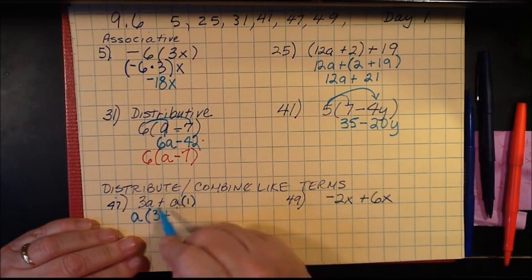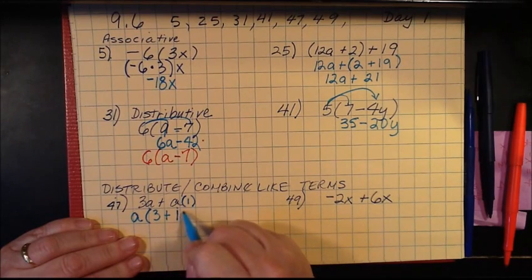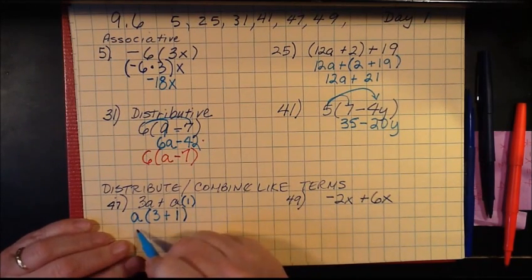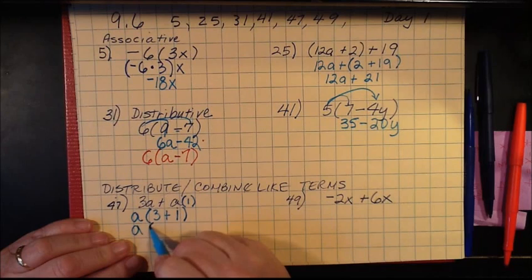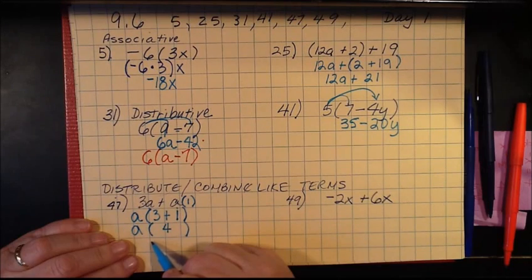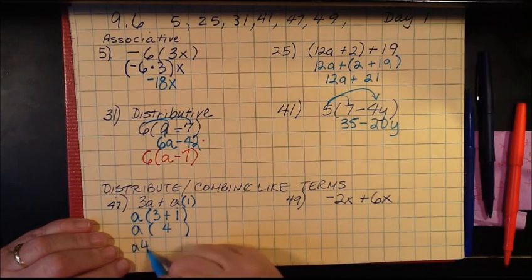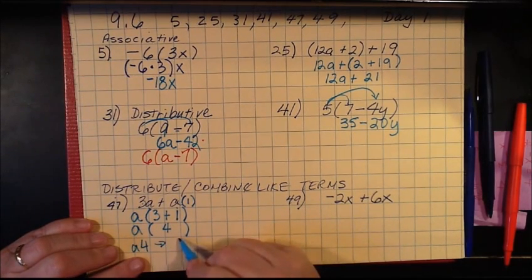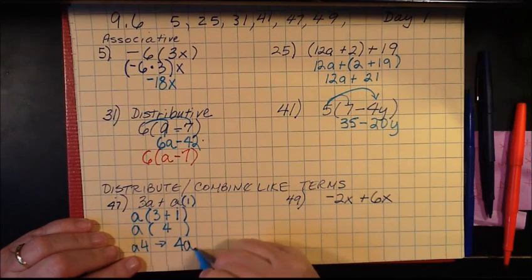So when I pull an a out, it leaves the 1 behind. So now I have a, and in the parentheses I have 3 plus 1 is 4. So my answer is a4, and we really like to write that the other way and write it 4a.